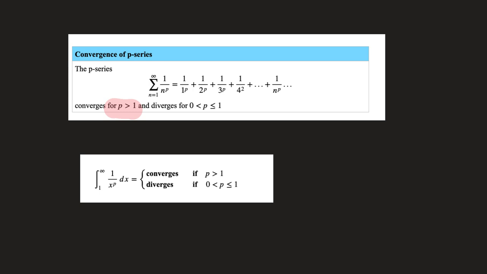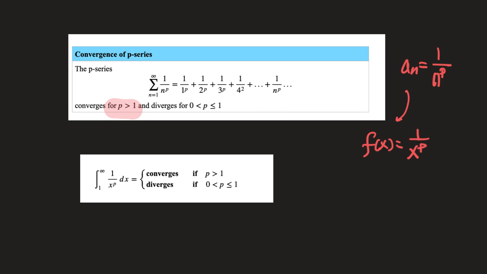In a previous module we studied improper integrals. Generally speaking, a_n is 1 over n to the p, so we change the function f(x) to 1 over x to the p.